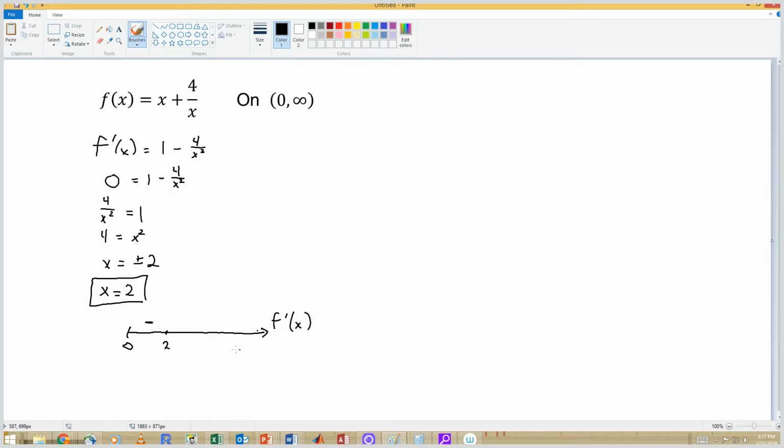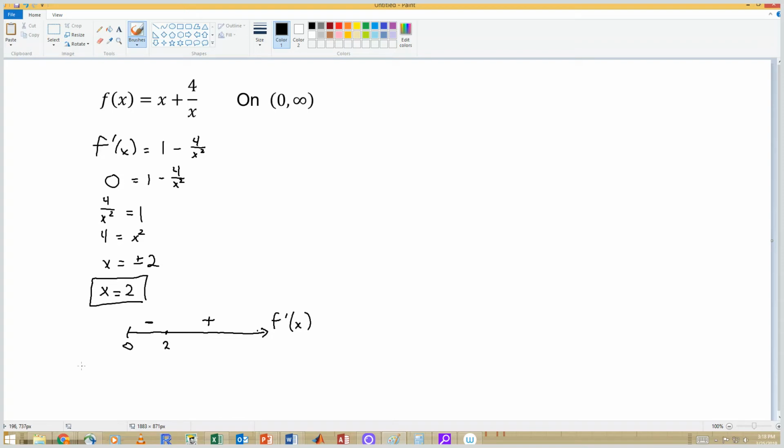And then if we test a positive number bigger than 2, let's say 1,000, then 1 minus 4 divided by 1,000 squared, that's 1 minus 4 millionths, and that's going to be positive, approximately 1. So this is our function. This is our first derivative. So we know the function itself is decreasing between 0 and 2 and increasing between 2 and infinity.